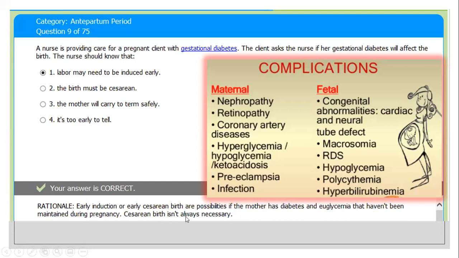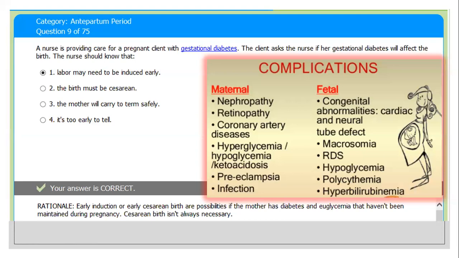Cesarean birth is not always necessary, right? Keep it in note. Sometimes if the mother has gestational diabetes, they present with some signs and symptoms like increased thirst, frequency of urination, or excessive sweating, overweight, and fatigue. That is also common in diabetic patients, right?